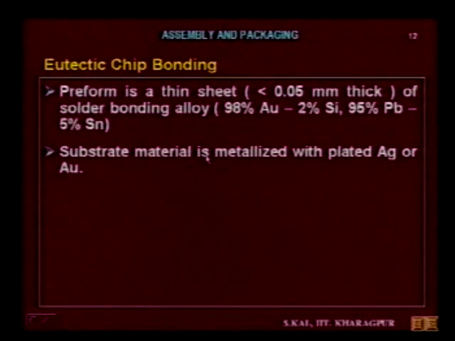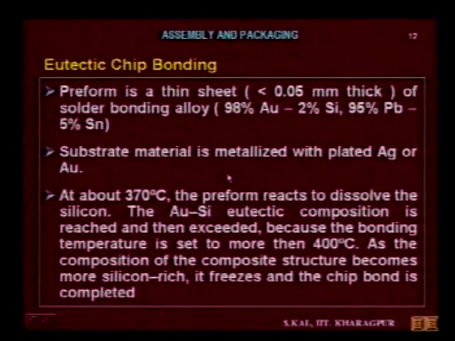Substrate material is metallized with plated silver or gold. At about 350 degrees centigrade, the preform reacts to dissolve the silicon. The preform is a solder bonding material, and that is the preform that reacts, because here also you have 2% silicon.